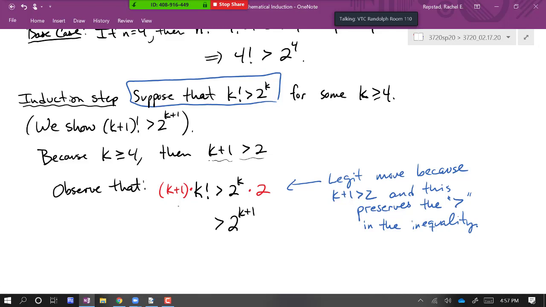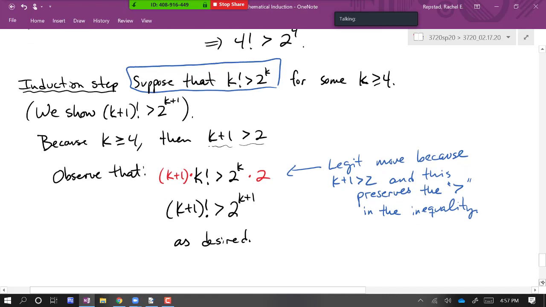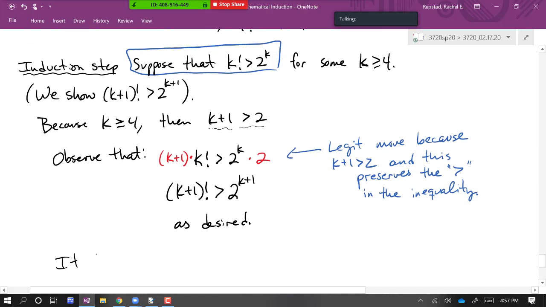That's all the factors from 1 up to k plus 1, and that is k plus 1 factorial as desired. It follows that n factorial is bigger than 2 to the n for all n greater than or equal to 4.